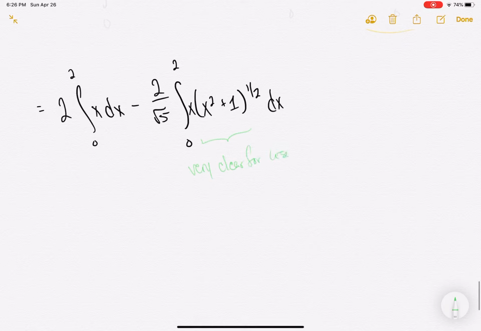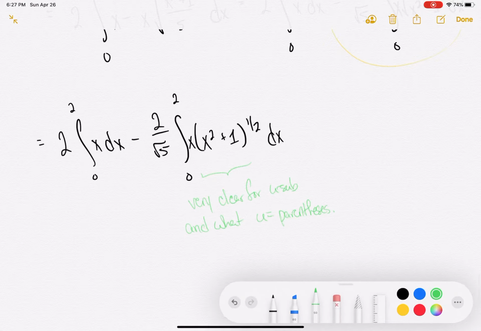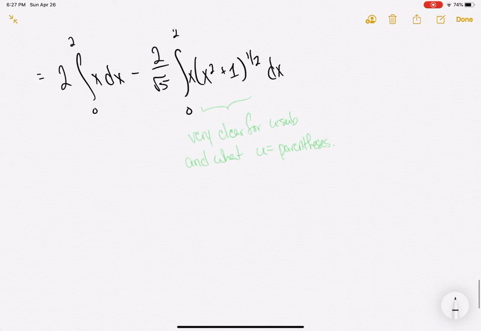For u sub and what u equals, because u equals parentheses, right? That's exactly our priorities. So let's do that. u equals x squared plus 1. That means du equals 2x dx.